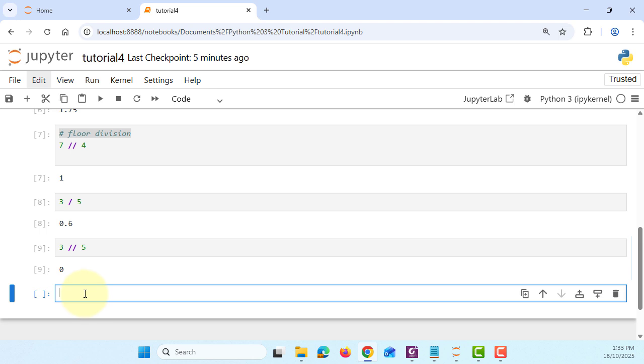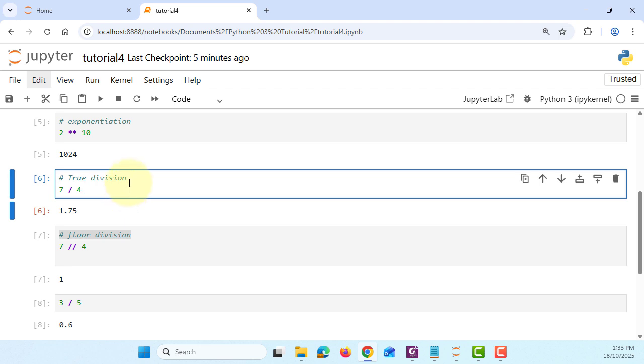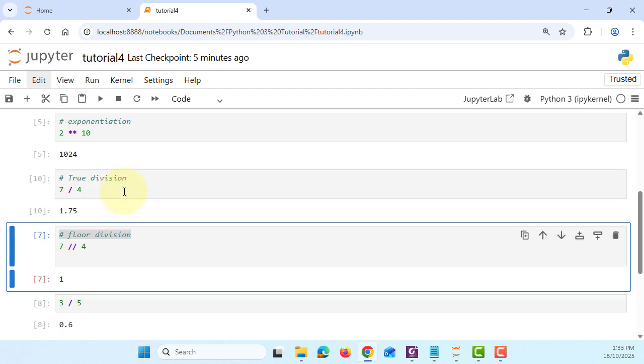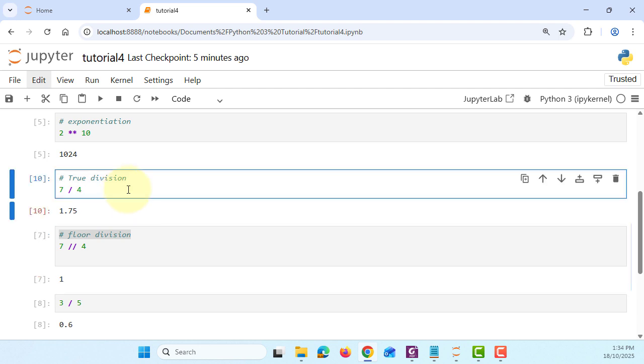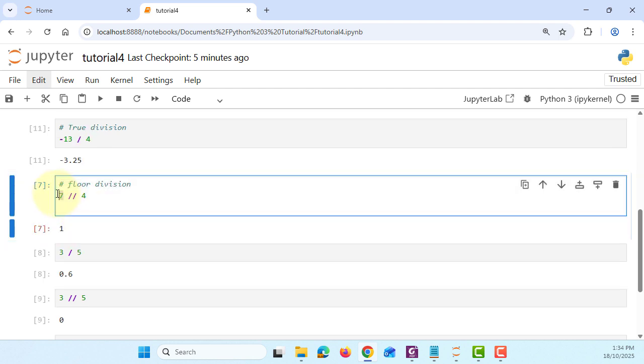So let's look at one more. Before I do this, let me go up here. True division. What about a negative value? Let me change it to, let's say, minus 13. If you enter, minus 3.25. So let me come down here, minus 13 floor division 4.